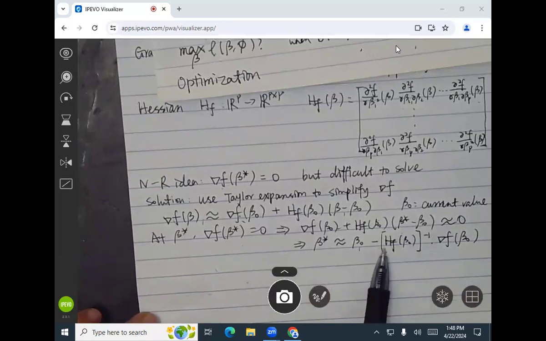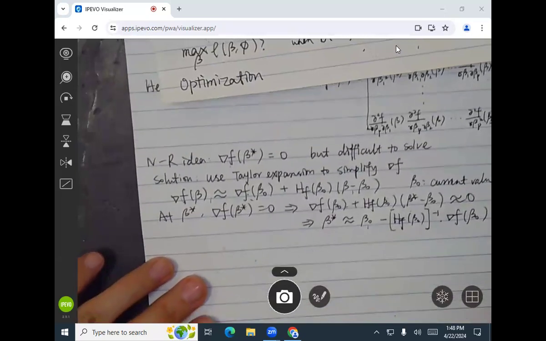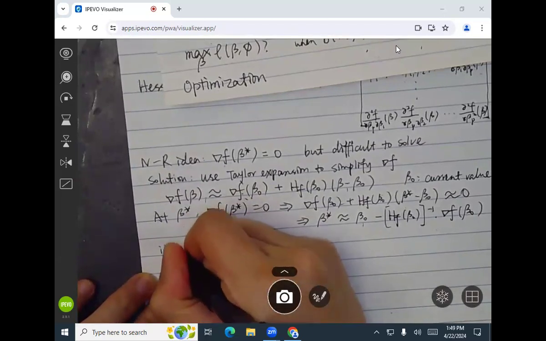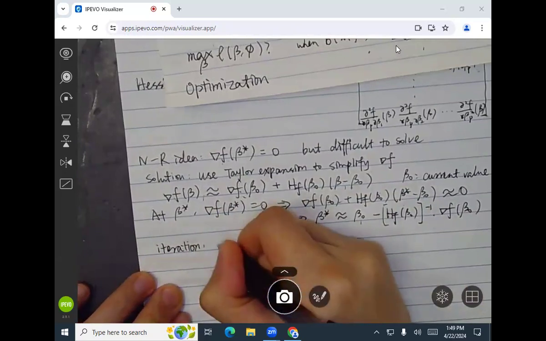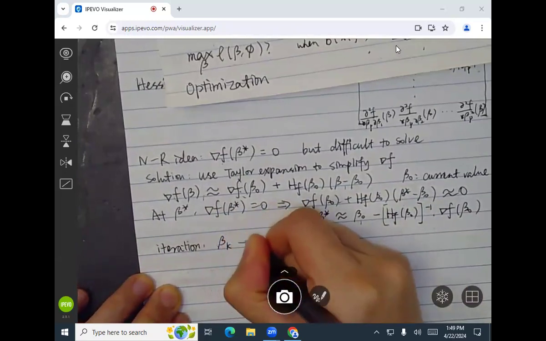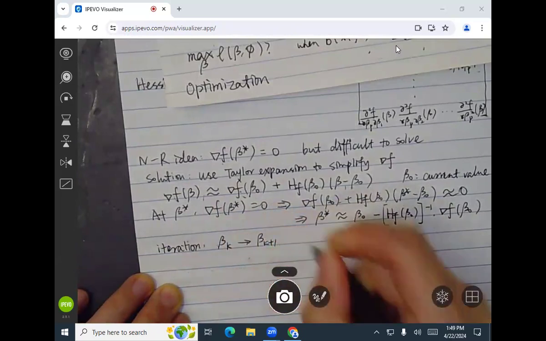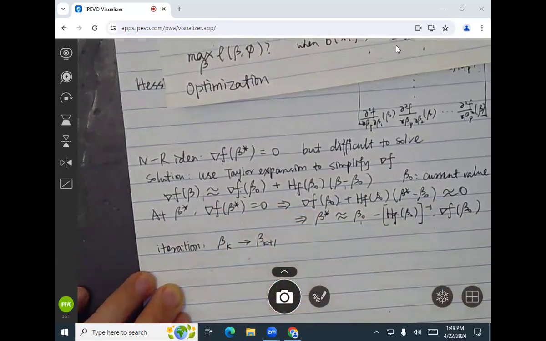So in each iteration, let me just write this one more line before we finish. During the iteration, let's say that we want to go from the current value beta k to the next value beta k plus 1, in the kth iteration. Then you just use this formula.